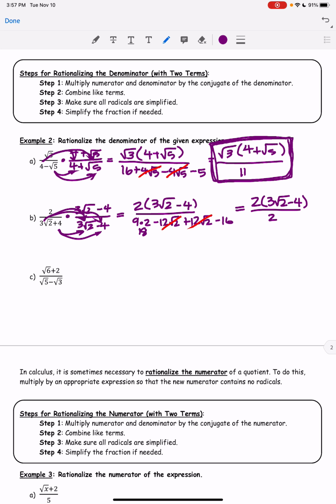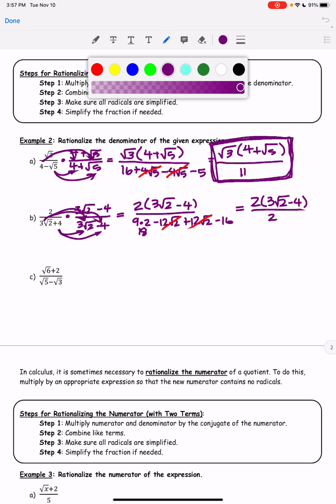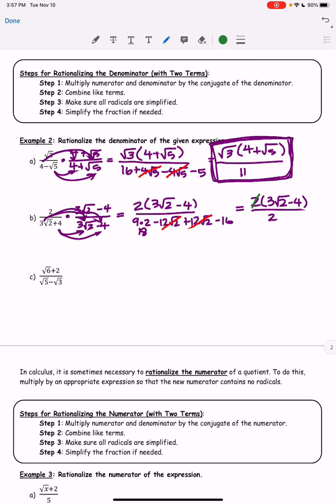And this is why I say it's easier to leave that out, because now I can divide 2 into 2. So those cancel. And now my answer is 3 square root 2 minus 4.